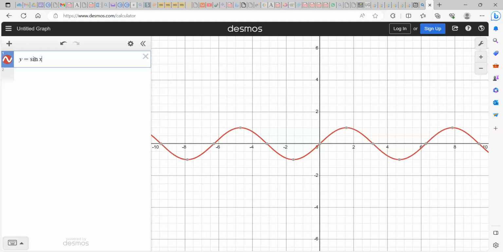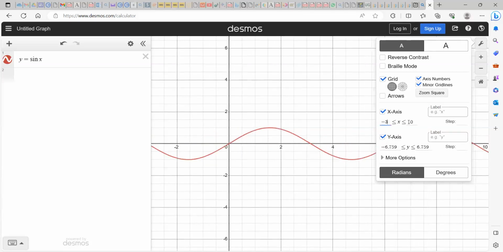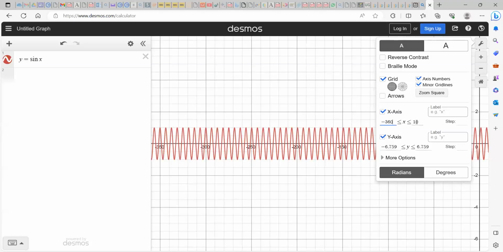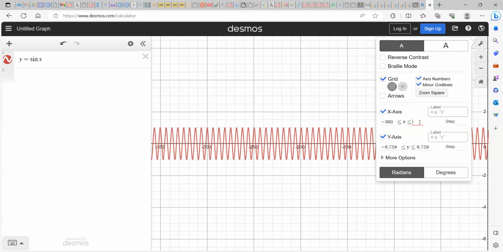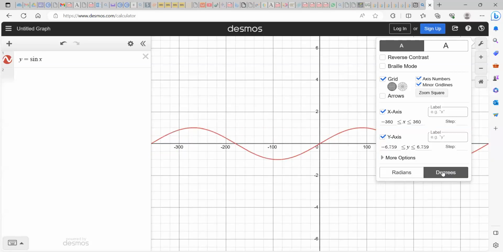Maybe you want to change the values to go from minus 360 to 360 degrees.